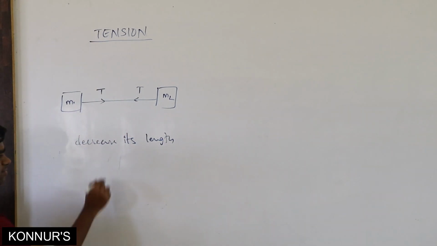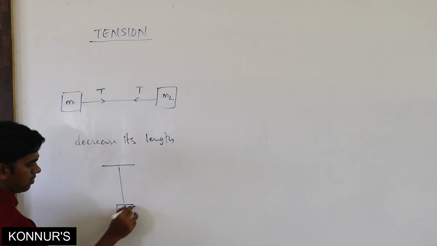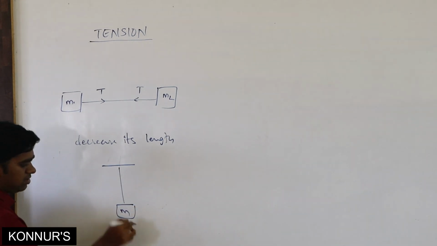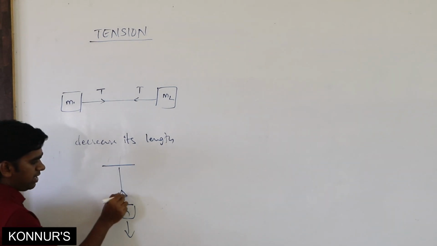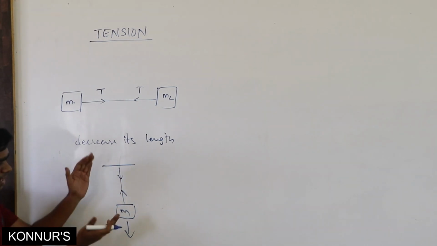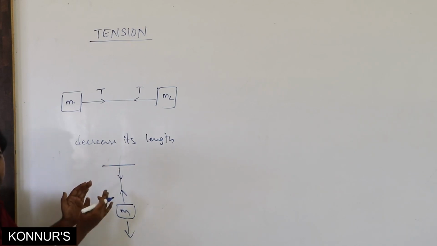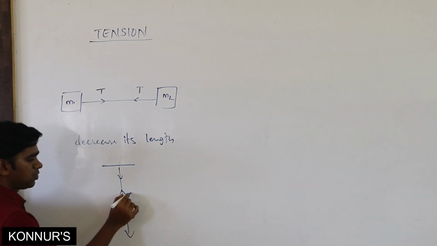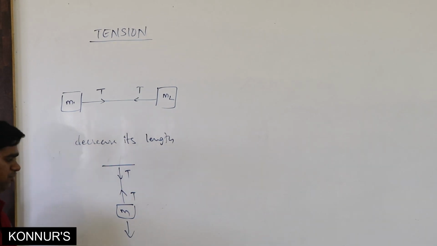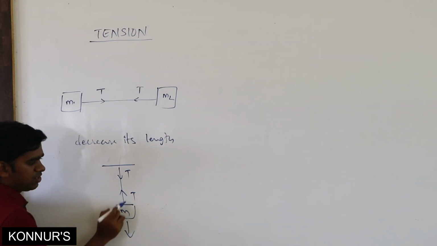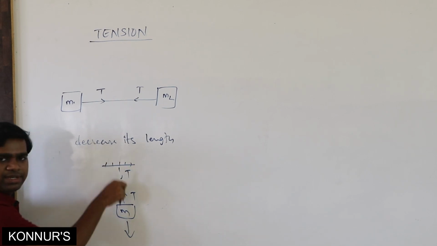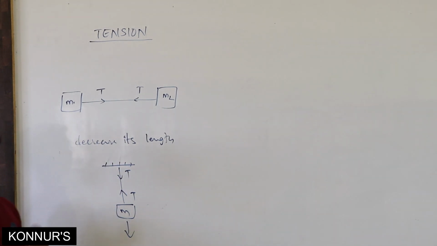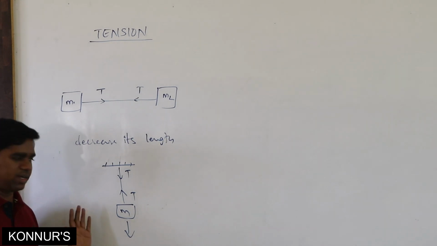Similarly, if the bodies are connected like this, leaving out the downward force, the tension direction is like this, again towards the center to decrease its length. If you are talking about this body, take the direction of tension as upward. If you are talking about the roof, take the direction of tension as downward. That all depends on which system you are considering.